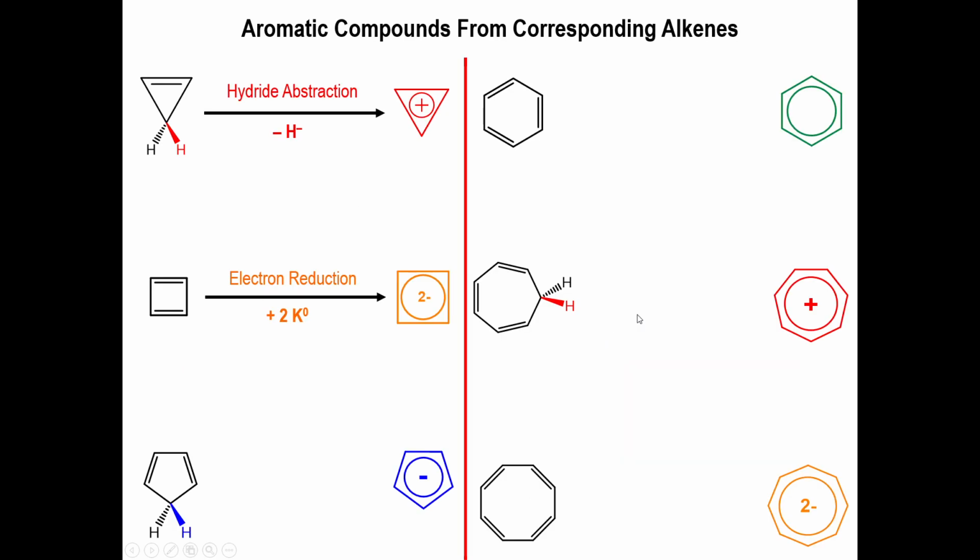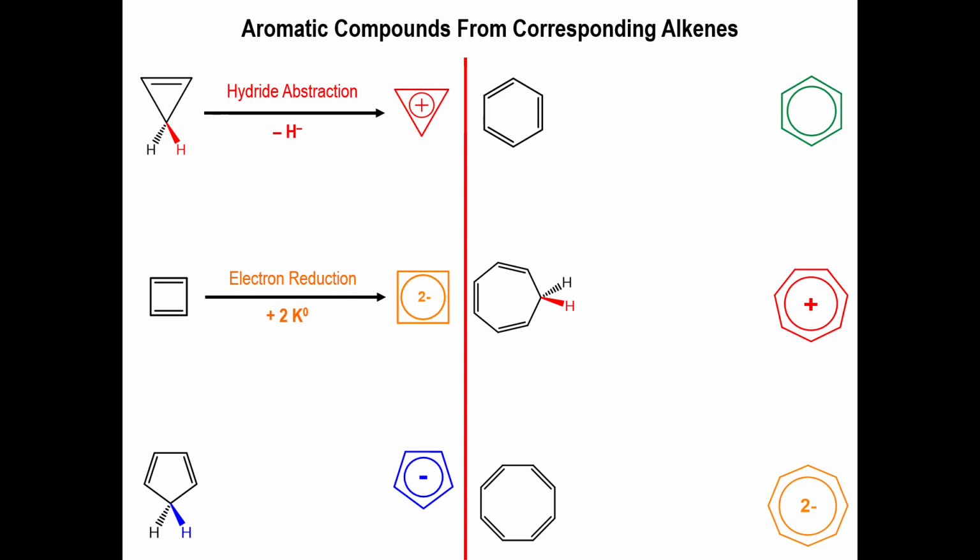All right, now for the 4-member ring, here we want to end up with a 2 minus charge. So the way that you do that, practically speaking, is to bring the molecule in question into contact with an alkali metal. And I'm not talking about potassium from potassium chloride.